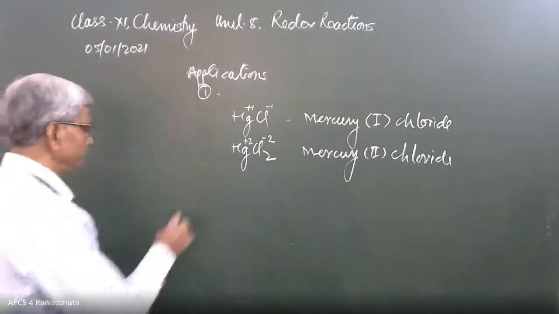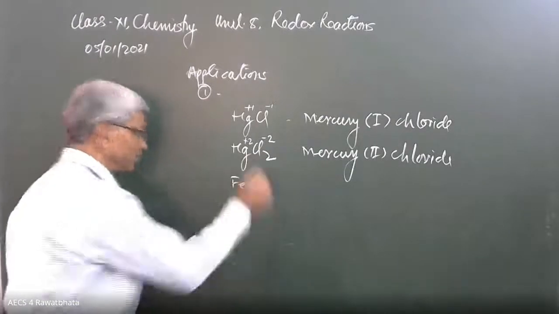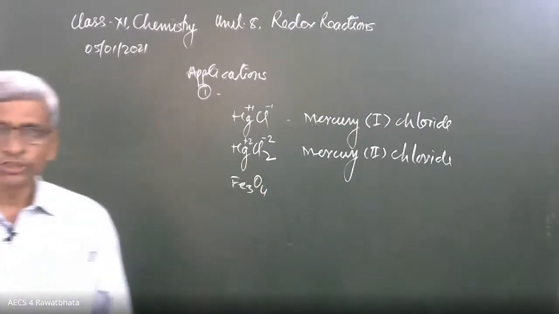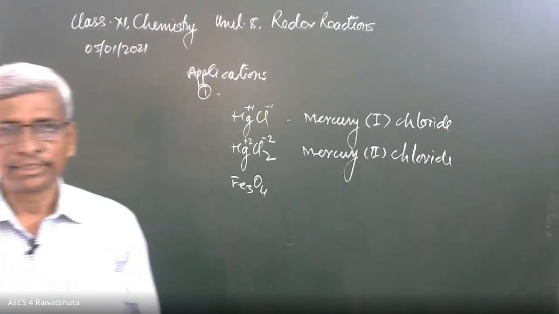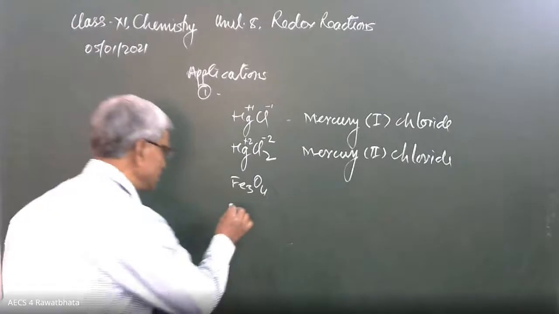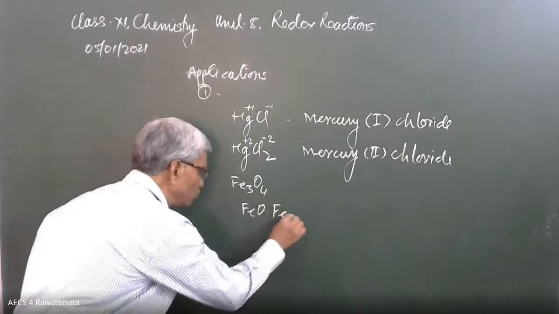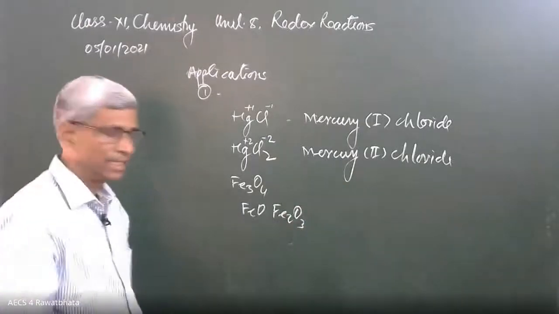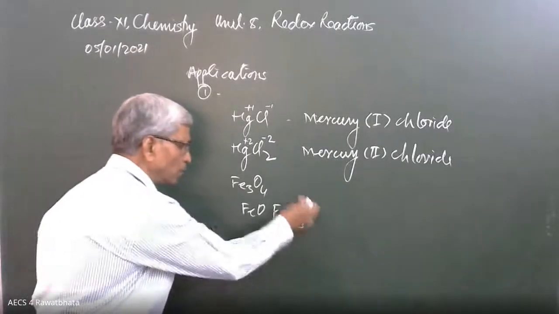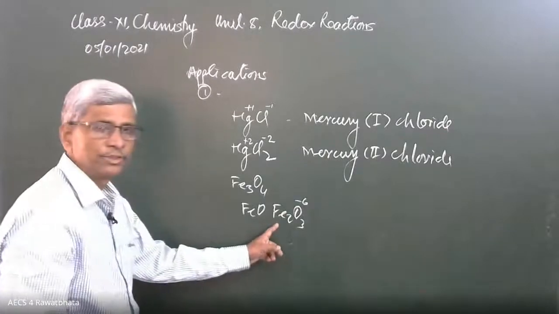This compound Fe3O4 is a mixture of two irons, iron(II) and iron(III). Actually, it is in this form, FeO dot Fe2O3. Here, oxygen total oxidation state is -6 and 2 iron has to contribute +6.